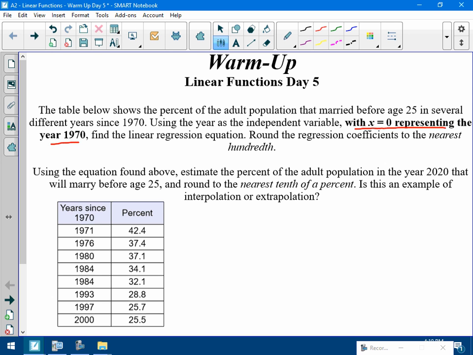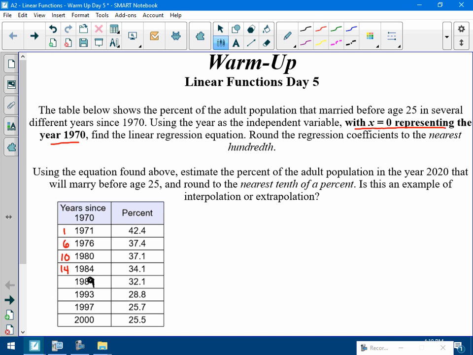So that means, if 0 is 1970, what's 1971? This would be 1. 1976 would be 6. 1980 would be 10, 14. Oops, shouldn't say 84 twice there. This should have been 1989. Sorry.